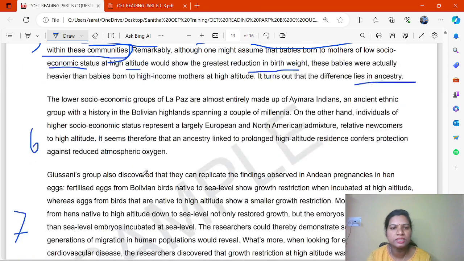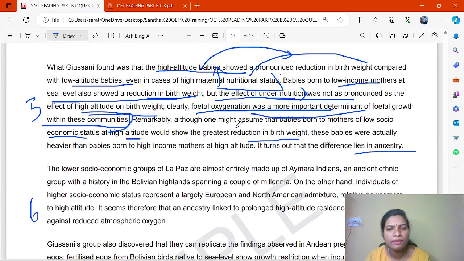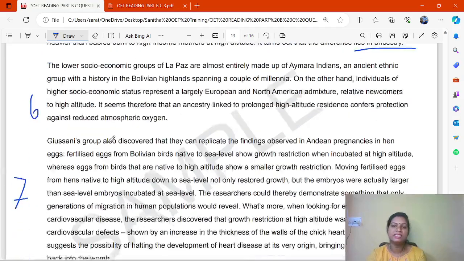One might assume that babies born to mothers of low socioeconomic status at high altitude would show the greatest reduction in birth weight. These babies were actually heavier than babies born to high income mothers at high altitude. It turns out that the difference lies in ancestry.